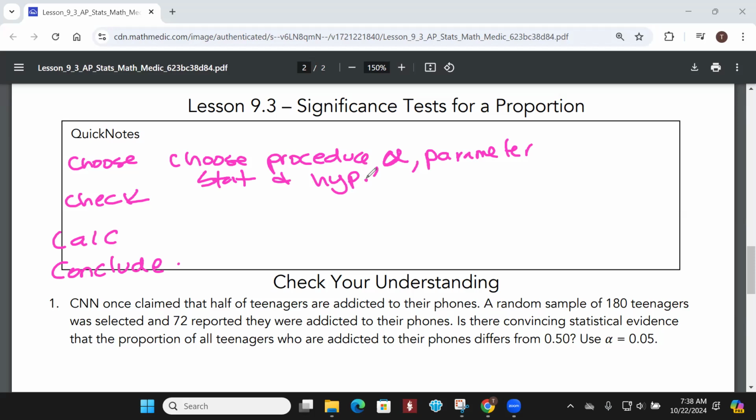Procedure, alpha, it looks like a little fish. Alpha is 0.05. Parameter, statistic, and hypothesis. You're going to check the conditions.